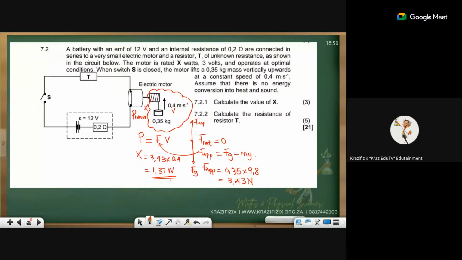Do I now know my power? 1,37. And these guys are connected in series. Okay. We're looking for resistance there, right? What do you think we should do? What do we know? Oh, don't forget, the idea of writing things on the diagram is very important. I have already missed that 3 volts.